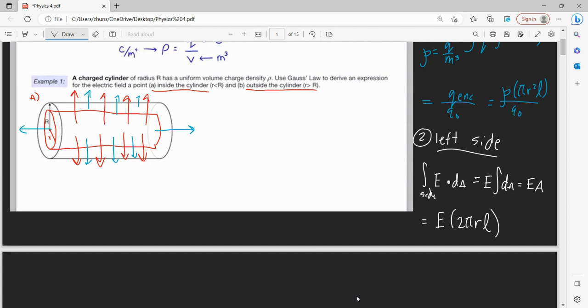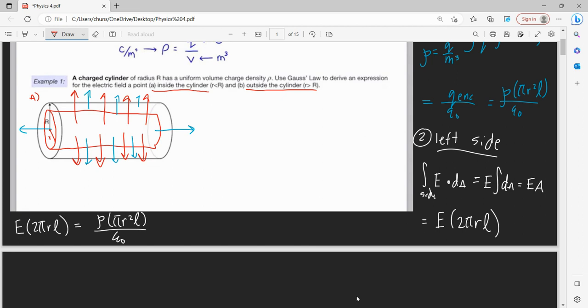So now we want to equate the two sides. So then that will give us E times 2 pi r L is equal to rho pi r squared L over epsilon naught.